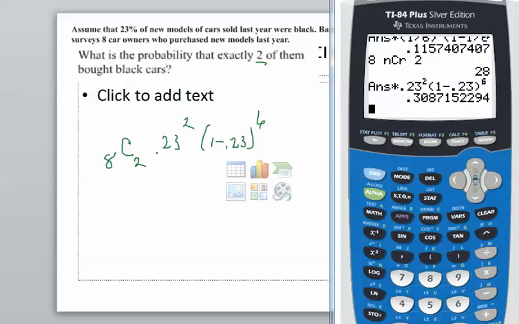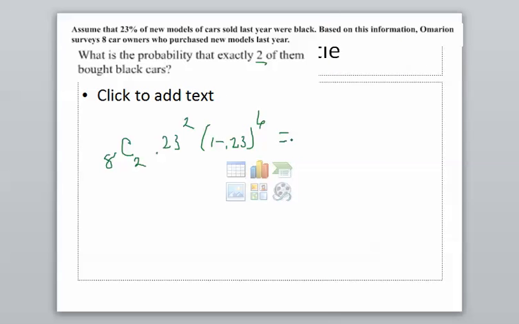Hit enter. And I get 30.87. So this has a 31% chance. You'd have a 31% chance of having 2 of them picked black cars.